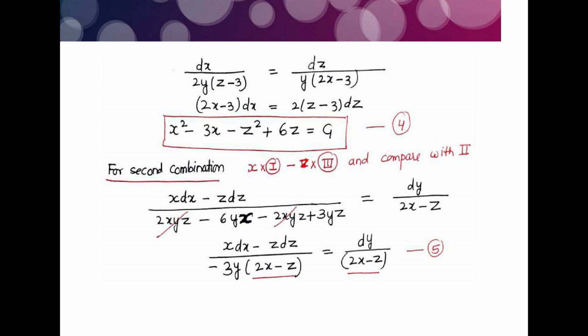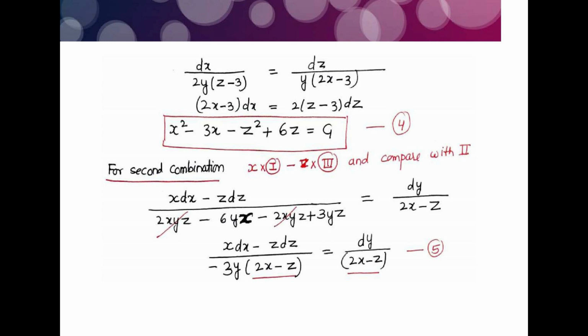So we will use the first and the third ratios and try to make a combination so that we can have 2x minus z in the new combination. Try this combination: x times the first ratio minus z times the third ratio. Then on the left hand side of the next equation, we have x dx minus z dz divided by minus 3y into 2x minus z.